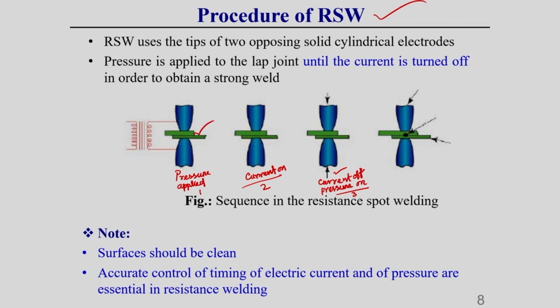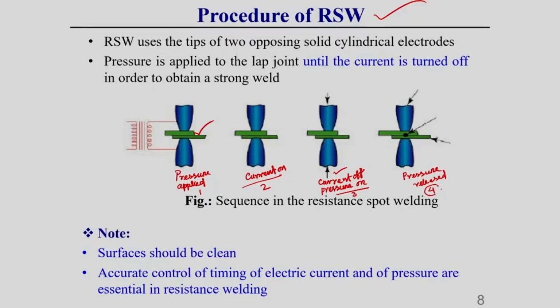And after that, in the fourth step we have to release the pressure. This is called the pressure release step, the fourth step. In this stage we have to shift the workpiece to another spot region where we want to make another spot, because resistance spot welding consists of a series of spot welds.